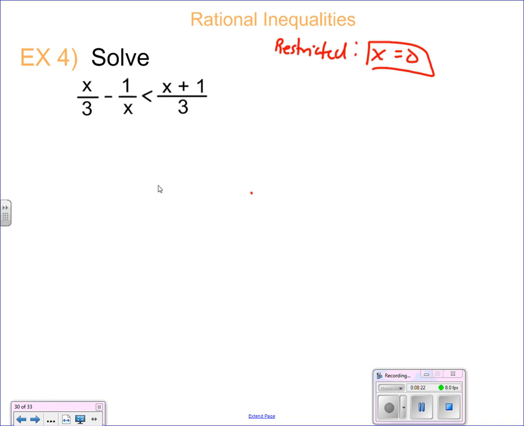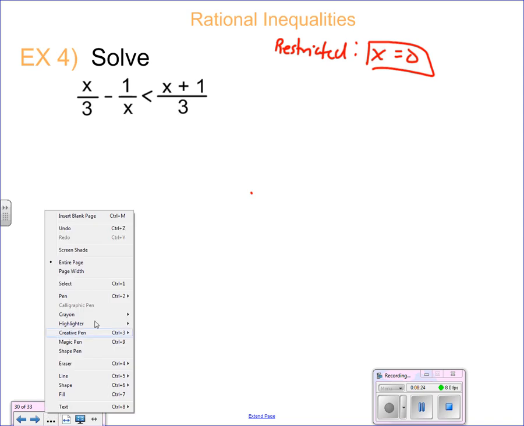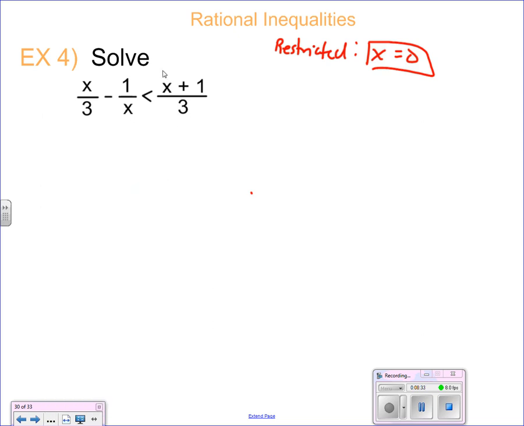Now we need to find the least common denominator and multiply it by every term to find the solutions, like we did in the last lesson. In this particular case, the LCD is 3x. So multiply 3x with all terms. With the first term, the 3 will cancel, leaving me with x times x. Bring down the minus sign.